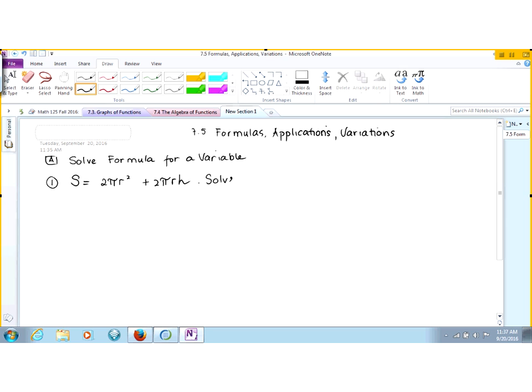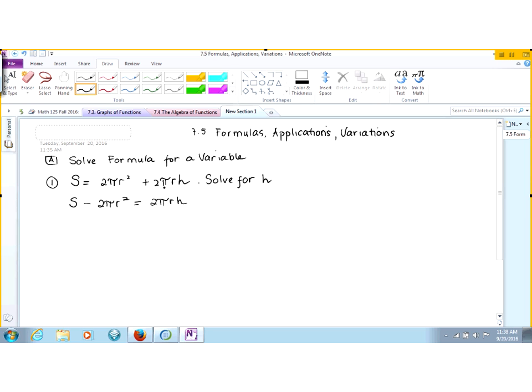So then we say solve for h. So what do you do here if you want to solve for h? Yeah, isolate it. Isolate which one? 2 pi r h? Yes. So S minus 2 pi r squared is 2 pi r h.